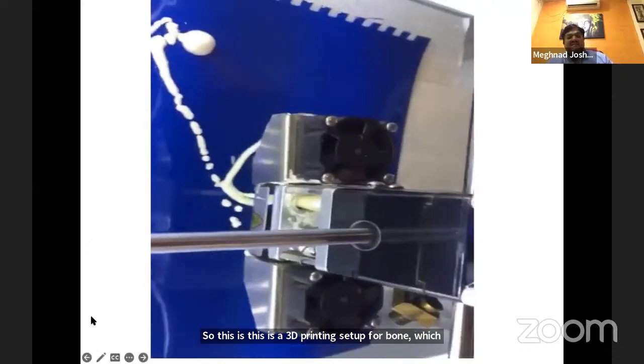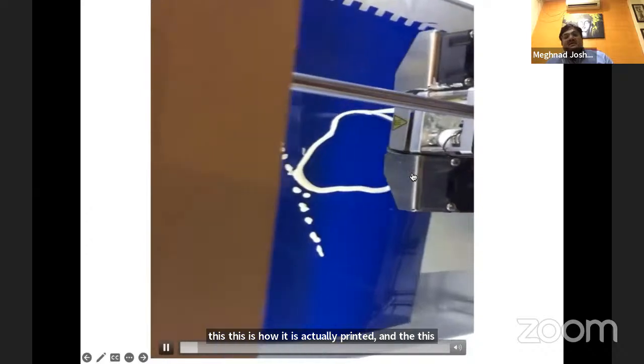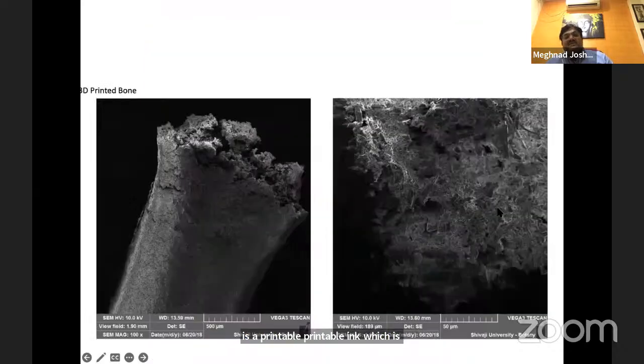This is how it is printed, and this is a printable ink which is liquid in nature while you print, and once it has been printed, it becomes a solid structure, which you can see in this photograph. So this is typically bone.